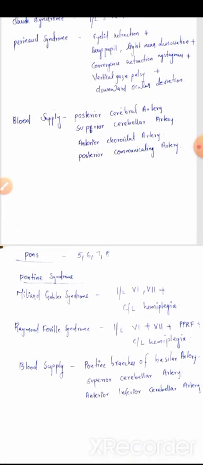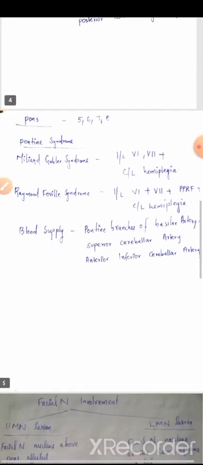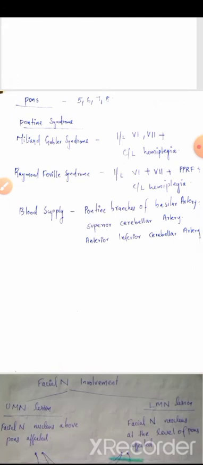Next, if there is a lesion in the pons. Pons means the nuclei of the 5th, 6th, 7th and 8th cranial nerves are present in the pons. So in that also we will get hemiplegia on one side and cranial nerve involvement on the side of the lesion.